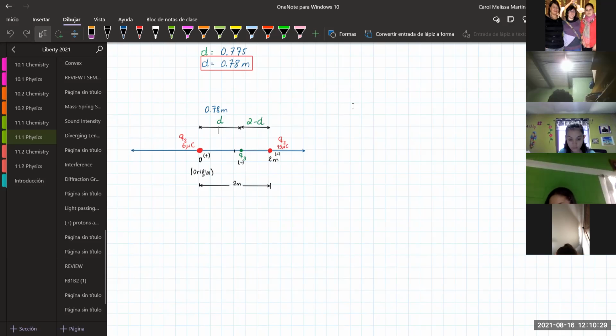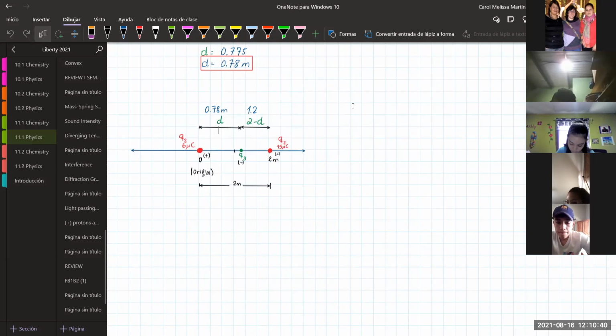Okay. Now 2 minus d, how much is it? 1.22 meters. So for the charge, the negative charge Q3 must be placed at 0.78 meters from the origin, so the two forces are equal, they cancel, and the resultant gives you 0.